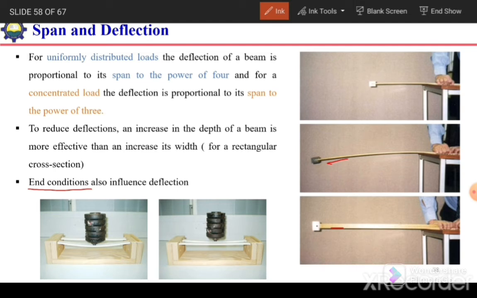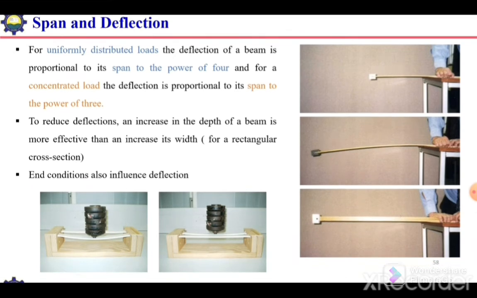So in that case the deflection at mid span will be less. Just by changing the end condition we can improve the stiffness or reduce the deflection. Here it is simply supported, so the deflection is large, and in this case the beam ends are fixed, so the deflection will be less.